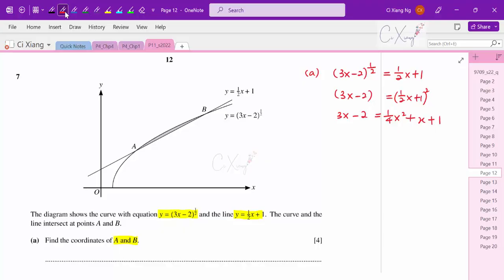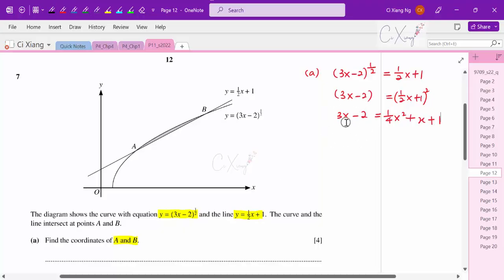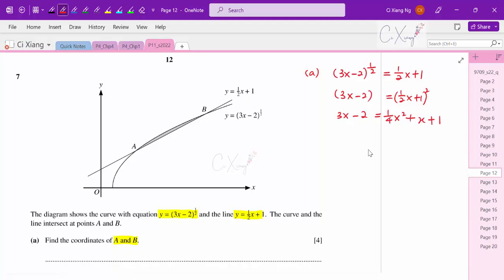Then next I try to group all the equation to the left, or to the right also can, no problem. As long as after you simplify and put everything on the left hand side, you should have 1 over 4 x squared minus 2x plus 3, and it equals 0.